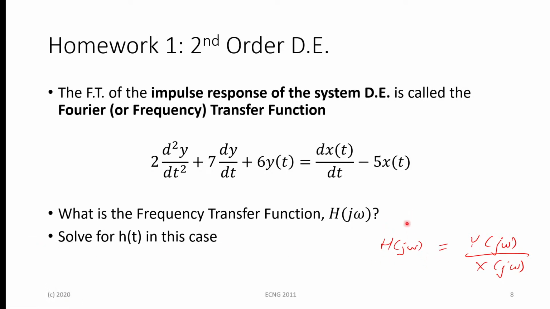Once you obtain your representation for H(jω) being Y on X, you can then do your partial fraction accordingly and solve for h(t) as such.